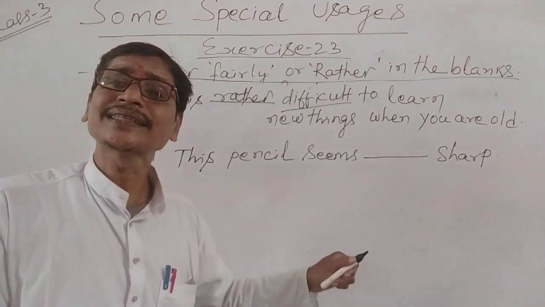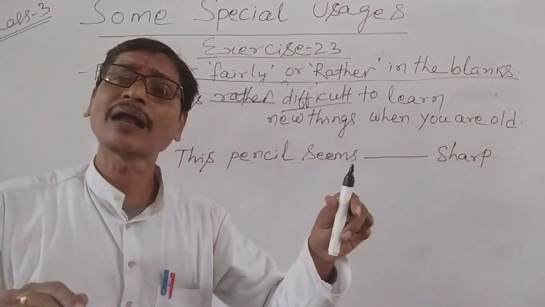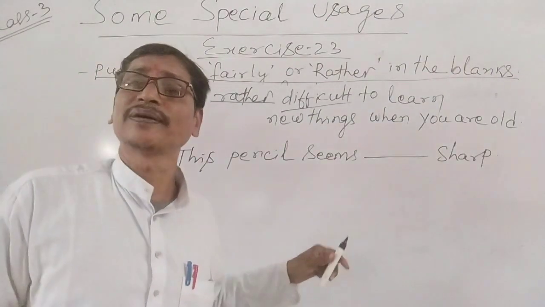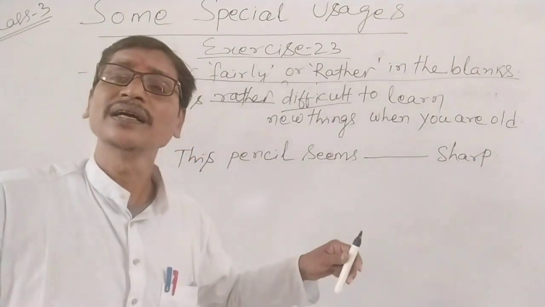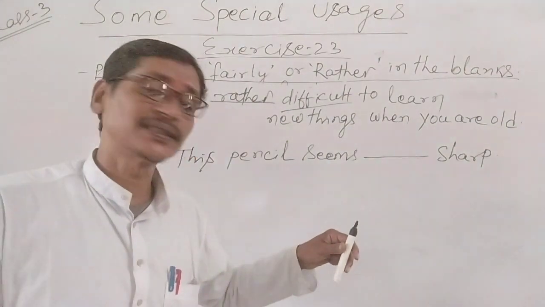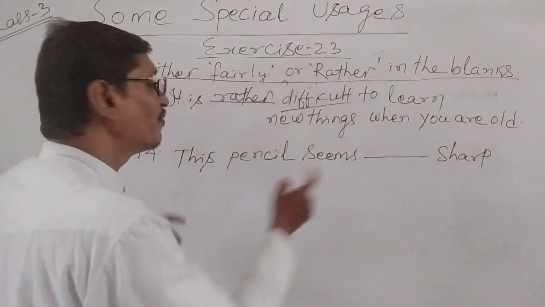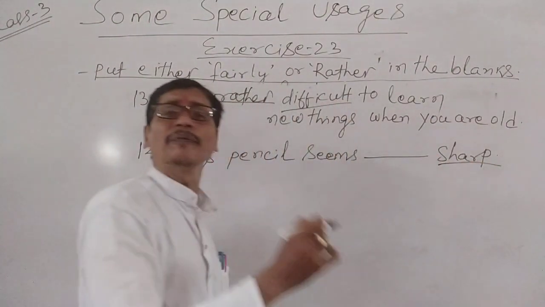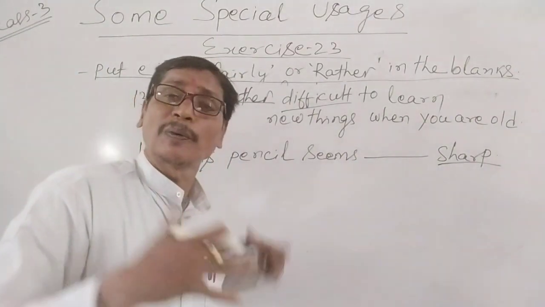So when our pencil is sharp, it is pleasant and positive. When it is not sharp, it is unpleasant, or you can say it is negative. For a student, a sharp pencil is very important, and it is positive in a way.